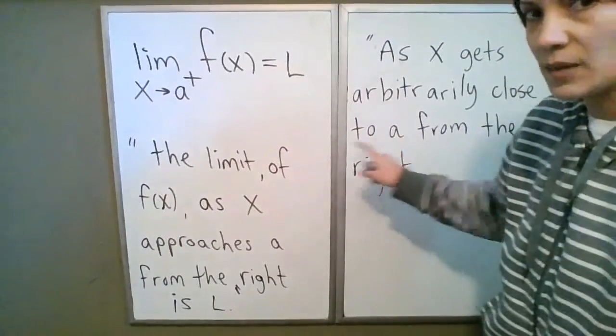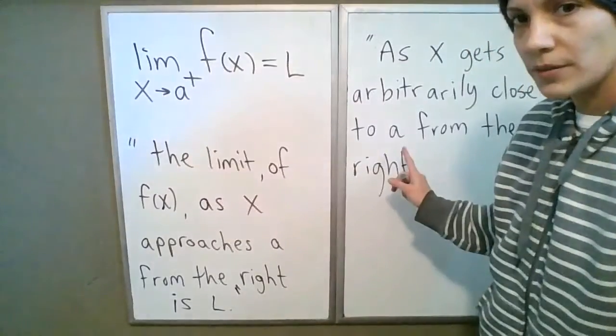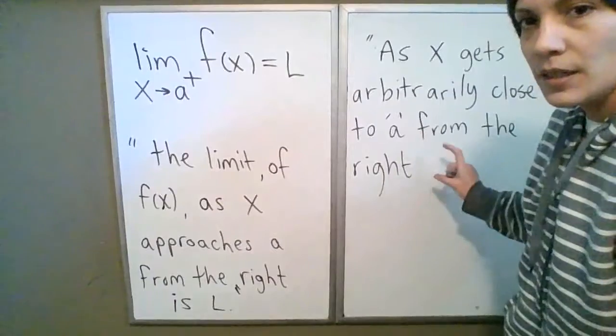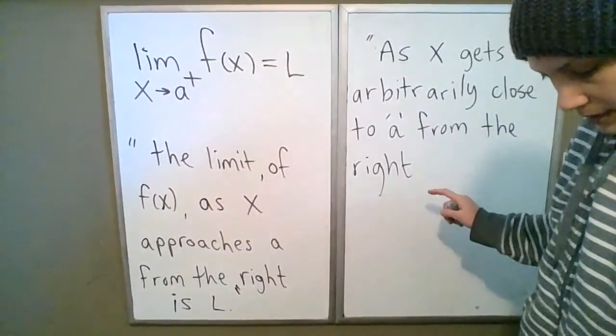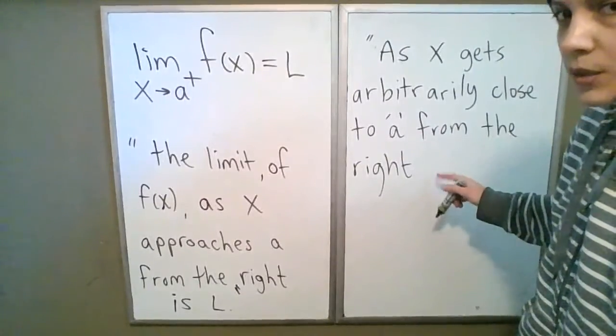And this a is some real number. I like to put it in little quotes, but you don't have to. Approaching this number from the right, and as that happens, we want to see if f of x gets arbitrarily close to some other number.